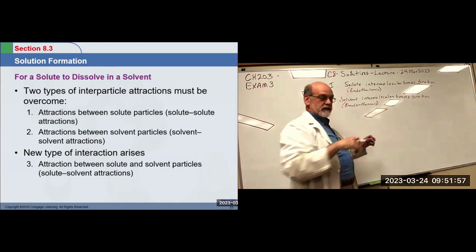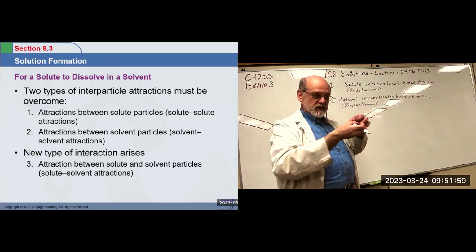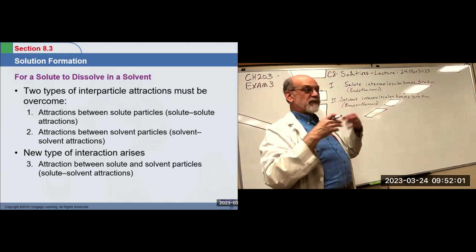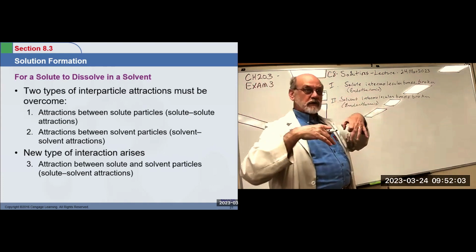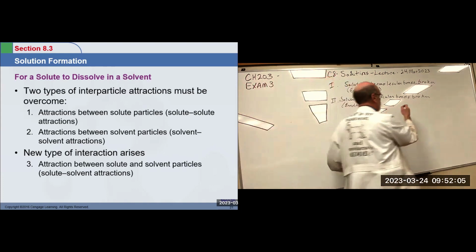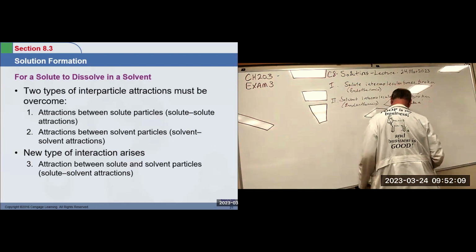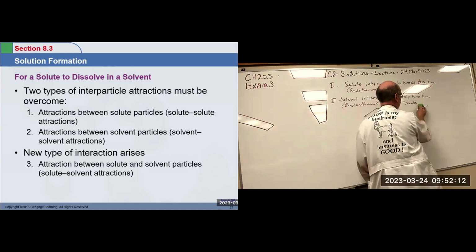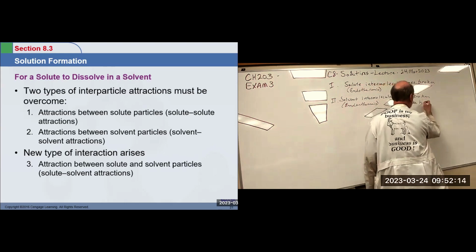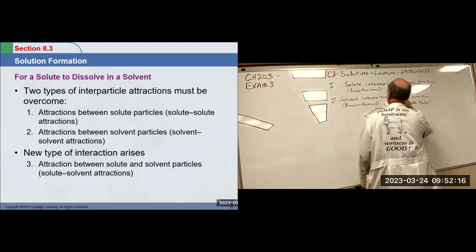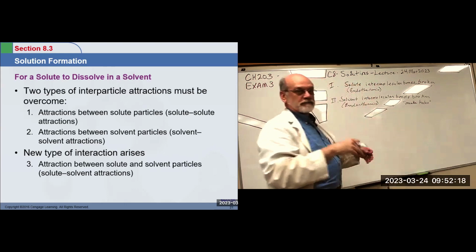You've got to add energy to pull those solvent molecules apart so that you've got a place for your solute to go. That's why sometimes they call it make a hole. Or actually make lots of holes, so that your solute will have some place to go.